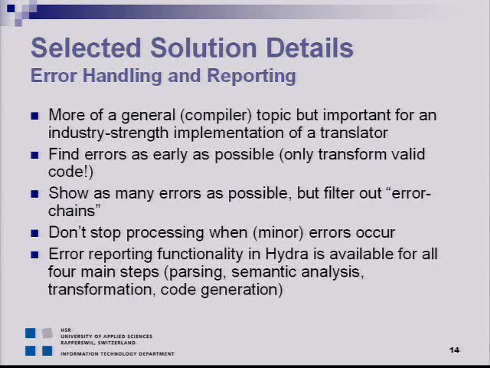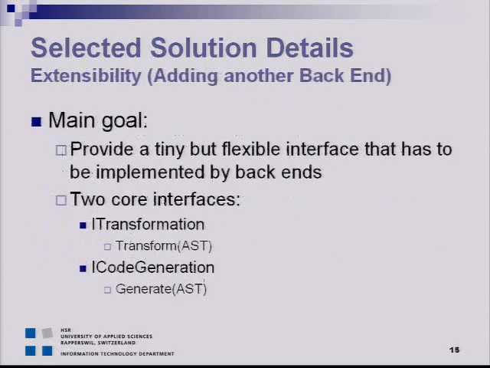Error reporting actually is done in the software in all main components: parsing, semantic analysis, transformation, and code generation, to virtually find every error that is in there. The solution is extendable.